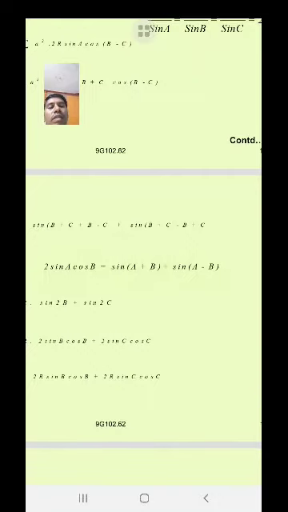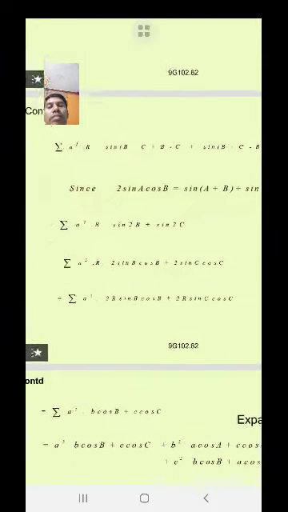Here a means b plus c and b means b minus c. So if you substitute, sine of (b plus c plus b minus c), and plus sine of (b plus c minus (b minus c)). If you multiply with minus, it becomes minus b plus c. Here closed brackets are not printed, but we have to keep them.